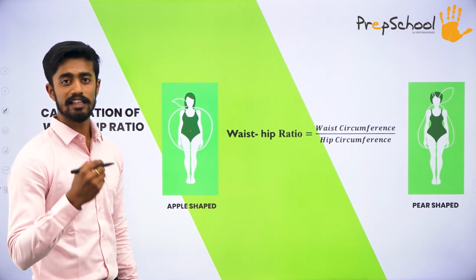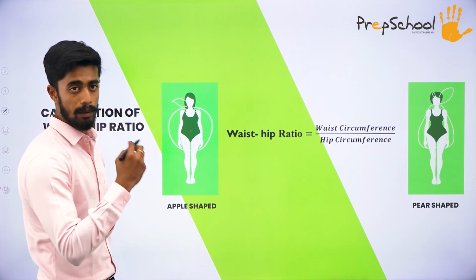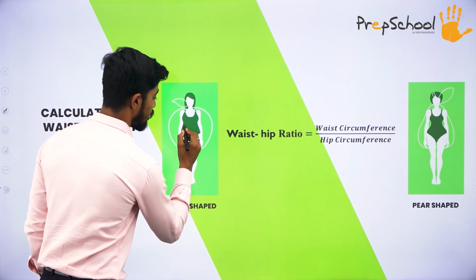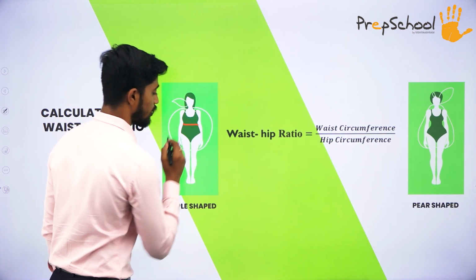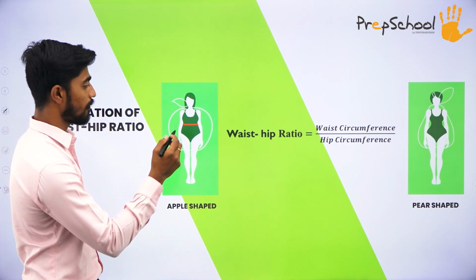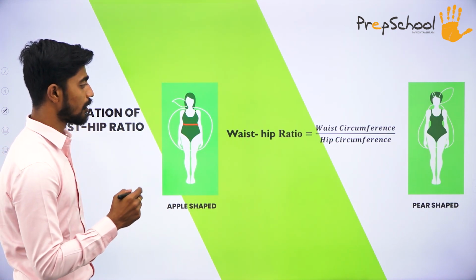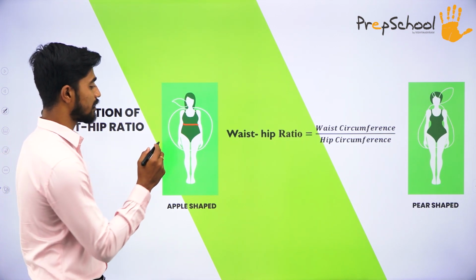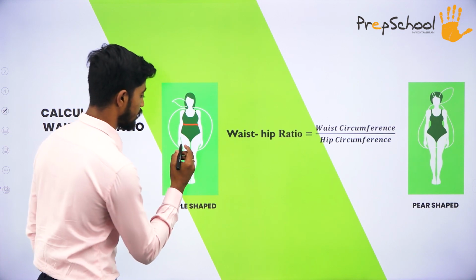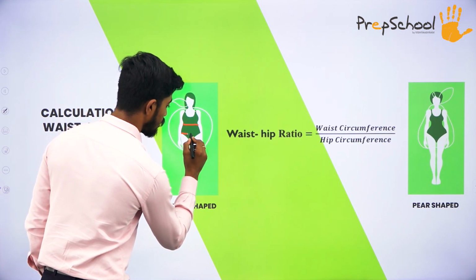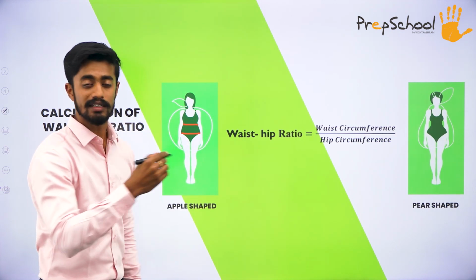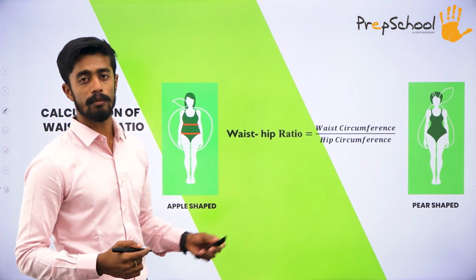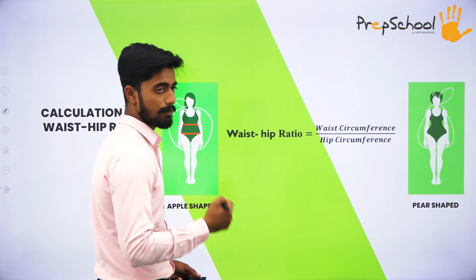We should calculate the waist circumference just above the belly button, the lowest circumference of the abdomen region. So, we can calculate the waist circumference here. To calculate the hip circumference, we have to calculate the biggest circumference in the buttock region. So, it comes here. After taking this data, we can put it into this formula and get the waist-hip ratio.